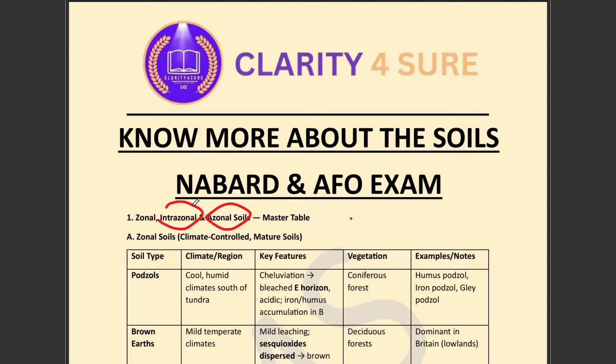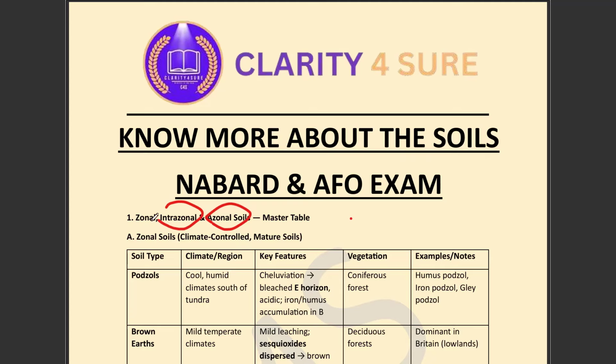And what is intrazonal? It is a zone between zonal and azonal, where the soil, though it is not like azonal, is a step ahead. That is, the soil formation process is in the medium form, but the soils take the nature of the local conditions.